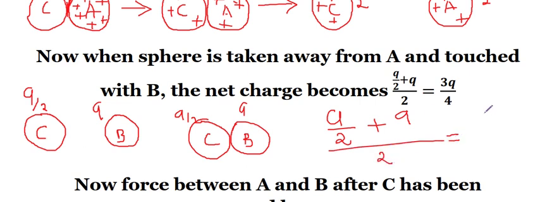Effectively, this gives us 3Q on 2 divided by 2, which gives us this answer.